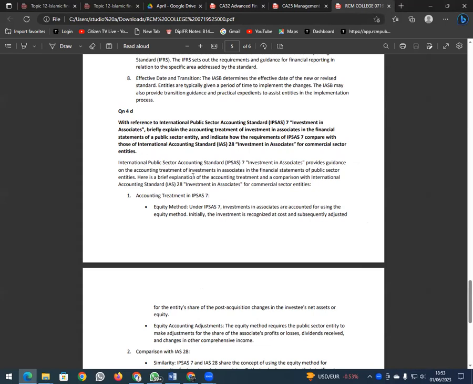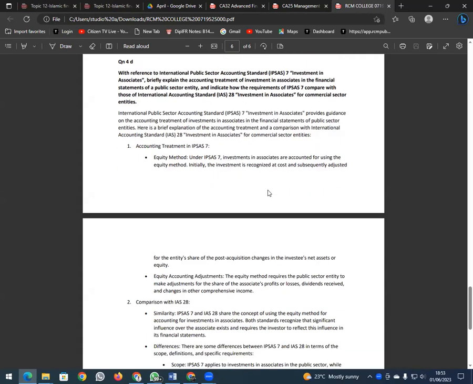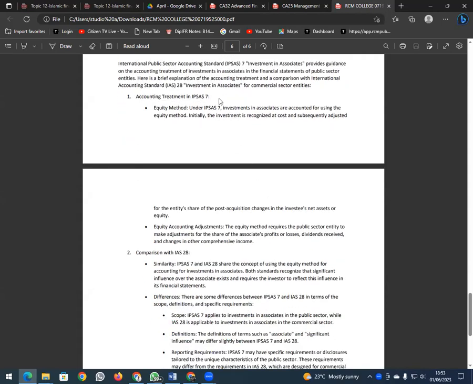IPSAS 7 provides guidance on the accounting treatment of investment in associates in the financial statements of public sector entities. Here is a brief explanation of the accounting treatment and a comparison with IAS 28. So, accounting treatment in IPSAS 7.